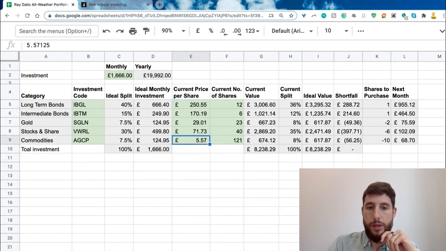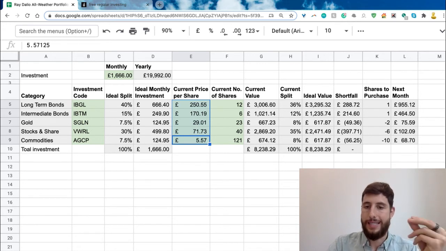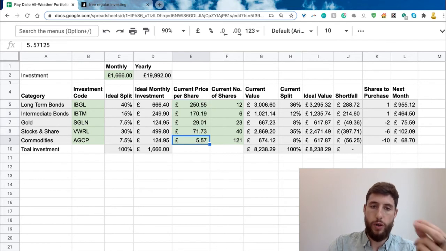Some are much easier because they're very small, £5.57. So the smaller the price per share, the easier all of this is, and the neater it's going to be. Whenever you're looking for your investments, you want to be looking ideally for the lowest figure possible, while making sure it still applies to what you're looking for.